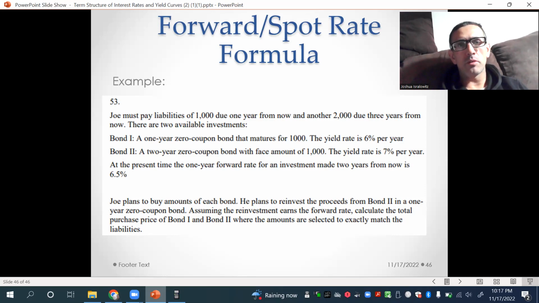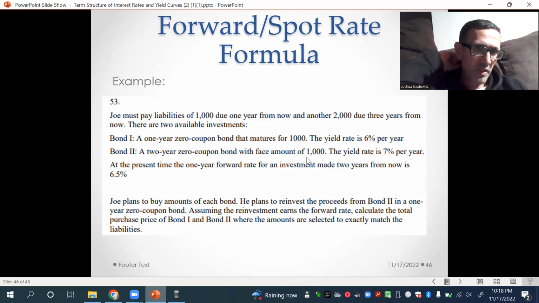There are 2 available investments. We have 2 bonds. One is a 1-year zero coupon bond that matures for 1,000. The yield rate is 6%. The other is a 2-year zero coupon bond with face amount of 1,000, the yield is 7%. What's interesting about this problem is, as I'll explain in a minute, the face values and the maturity are absolutely irrelevant.